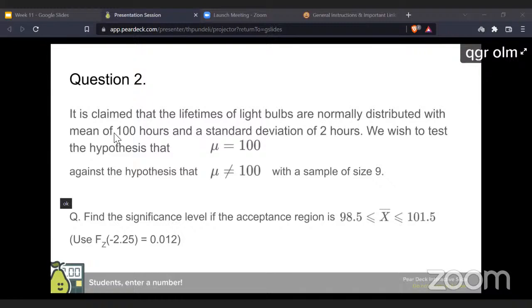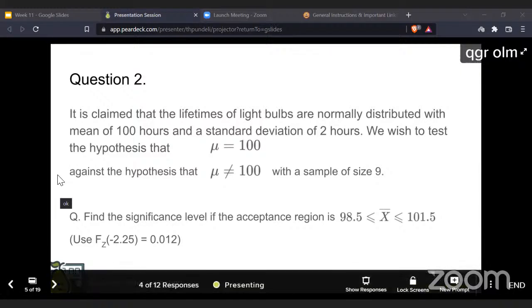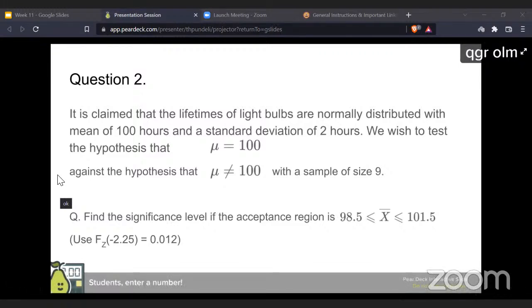Mathematically itself, the line comes a little further towards the mean. I mean, the line which is defining my critical value.